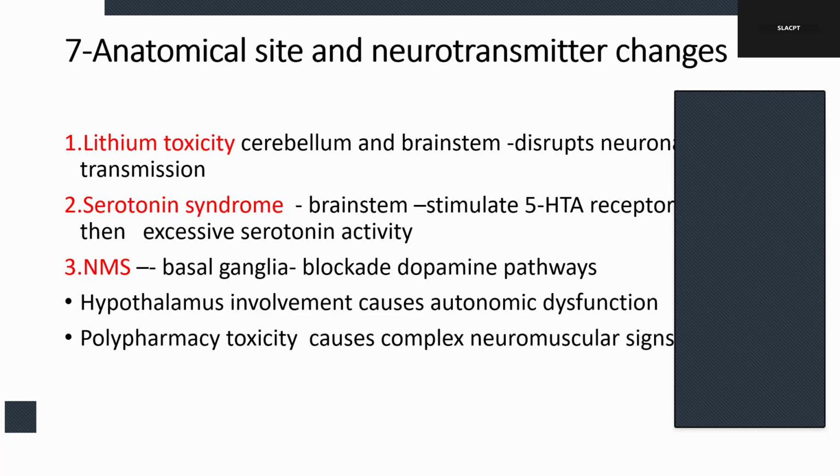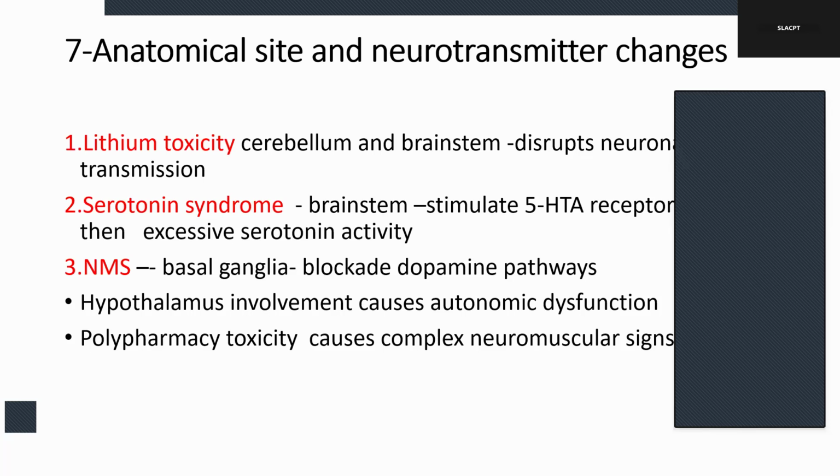They disrupt the brainstem and the cerebellum cell structure and physiologically disrupt nerve transmission. In serotonin syndrome, the brainstem is the key part affected, stimulating the serotonin receptors in the cells, and then excessive serotonin activity causes detrimental physical signs, which might be fatal if not treated properly.